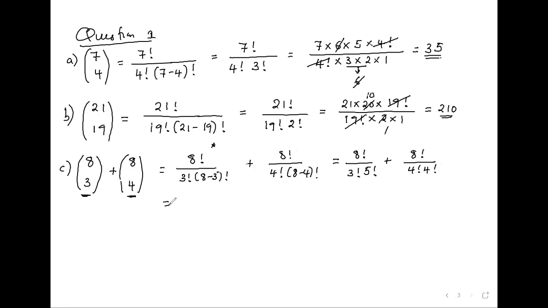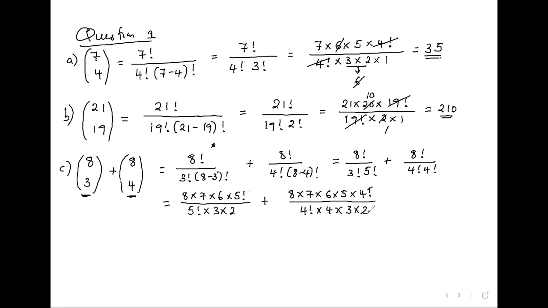Okay, then now we reduce. So we have 8 times 7 times 6 up to 5 factorial. We'll stop there because we have a 5 factorial down, multiplied by 3, multiplied by 2, plus 8 by 7 by 6 by 5 by 4 factorial over 4 factorial by 4 by 3 by 2.